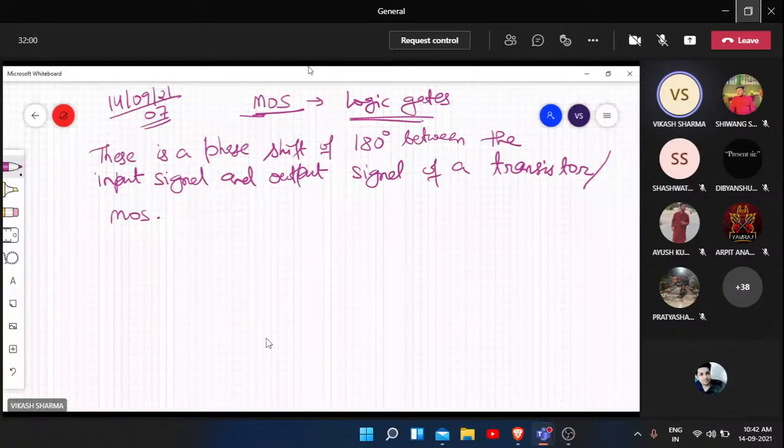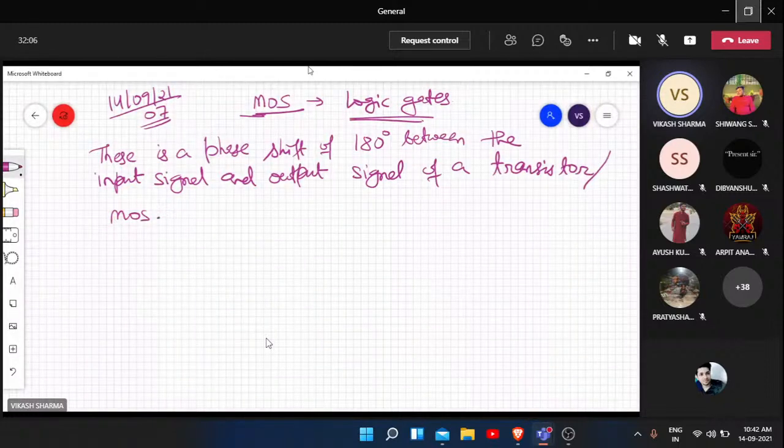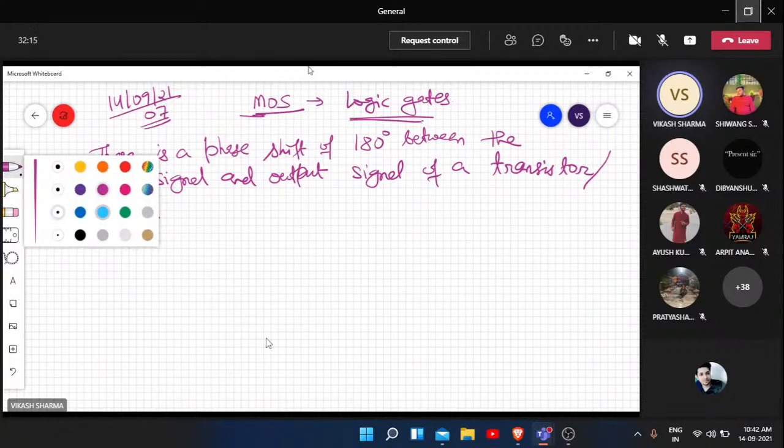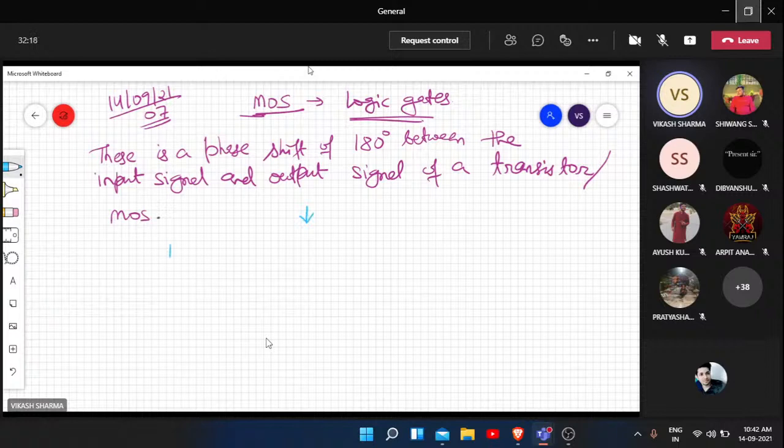Now this typical observation is now an advantage for me. So what do I conclude? What is my inference? A transistor can be used as a NOT gate. See how beautifully we have used this feature.